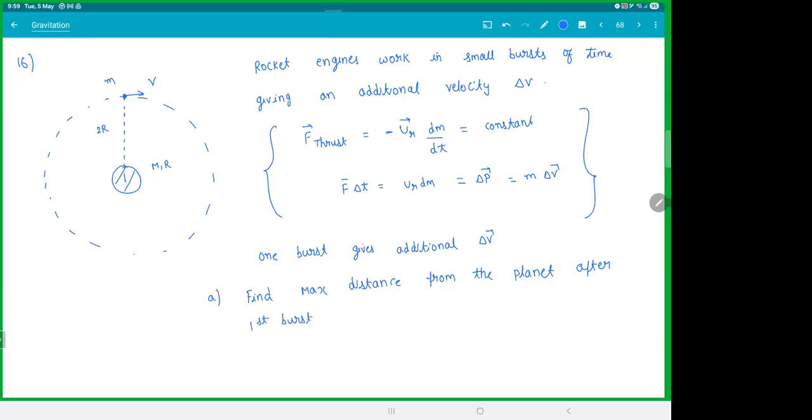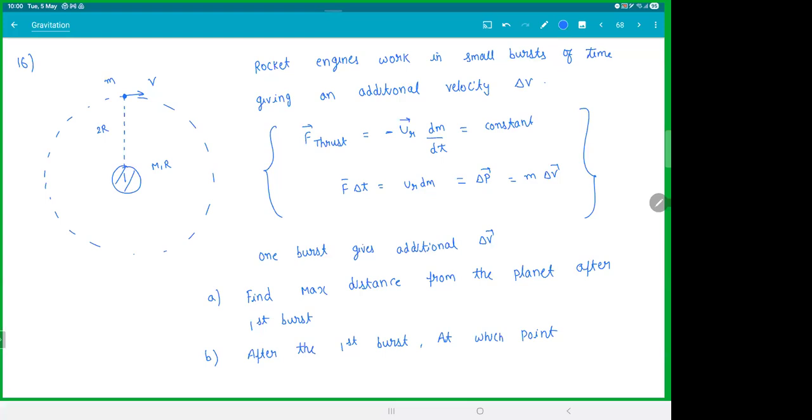The rocket won't go in a circle anymore. So what is the first burst? Second thing, after the first burst, at which point should the engine be switched on again to get maximum energy? Now, if you're switching on and switching off continuously, I want to gain more energy.